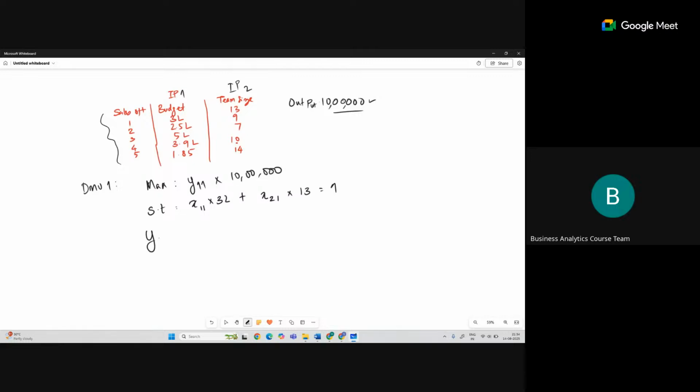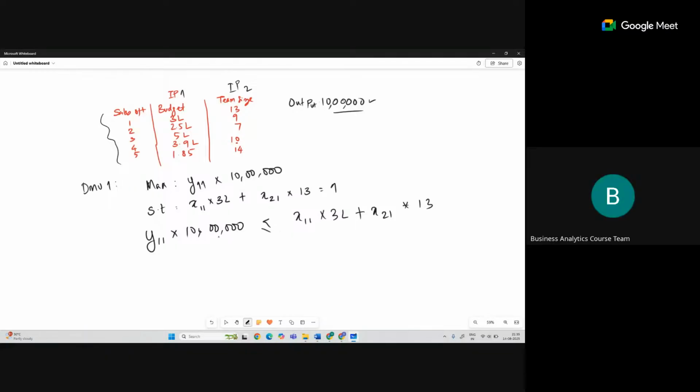Again, y11 into 10 lakh is less than or equal to x11 into 3 lakh plus x21 into 13.